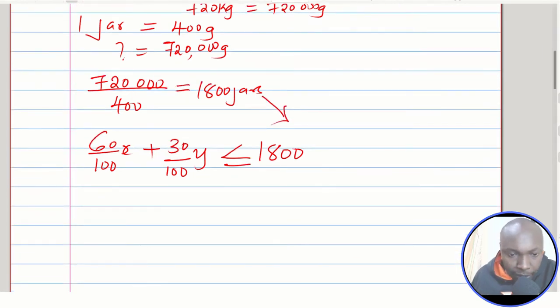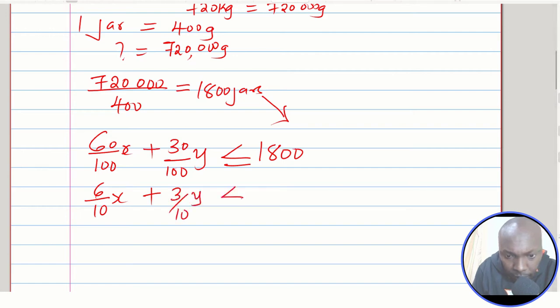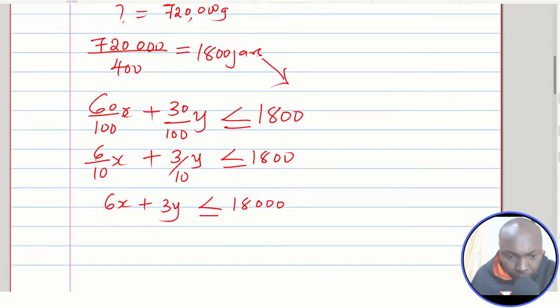We can simplify this. It is the same as 6 divided by 10 x plus 3 divided by 10 y less than or equal to 1,800. If we multiply everything by 10, we get 6x plus 3y less than or equal to 18,000. We multiply each term by 10 to get rid of the denominator.